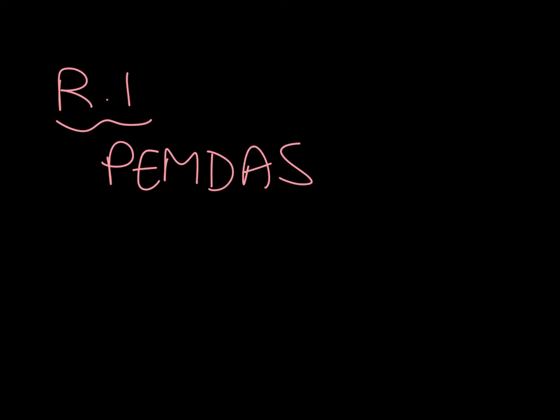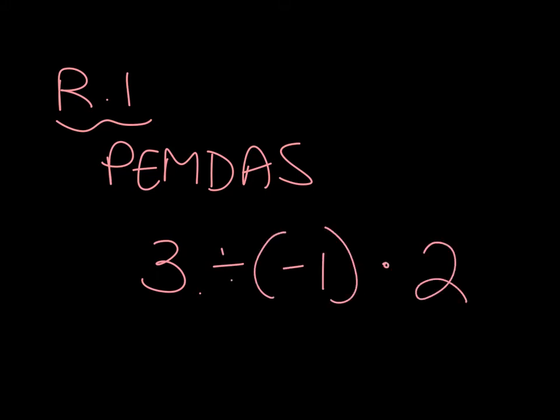So if I had something like 2 times 3 divided by -1, okay? Well, let me actually reverse that. Let's do 3 divided by -1 times 2.